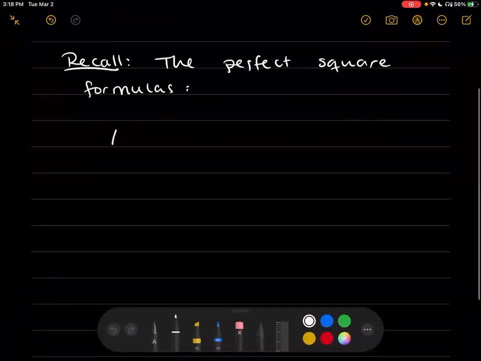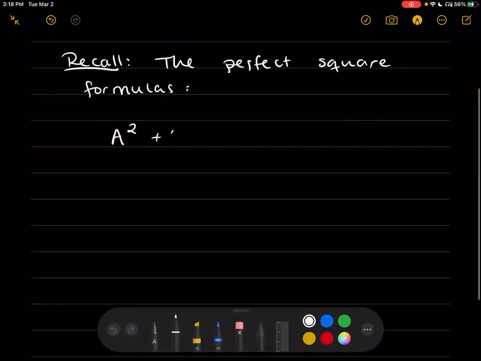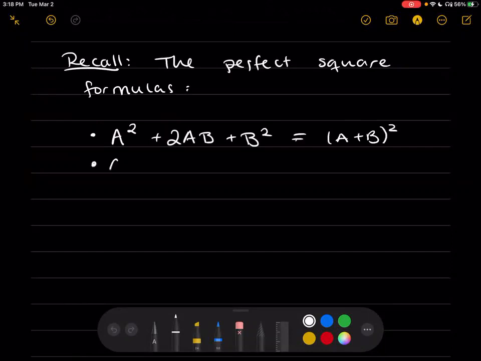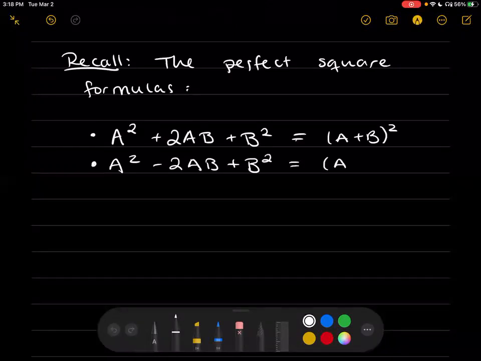They looked like this. You had a squared plus 2ab plus b squared, that equals a plus b all squared. And we also had a similar one where we had a minus instead of a plus on that second term, and that's equal to a minus b all squared.